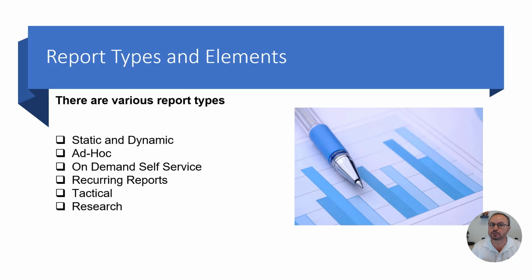Now, research is really a deeper dive and is meant to be a little bit more strategic. Now, I've generally seen tactical reports referred to as strategic or strategic referred to as research. We want to be aware for this.